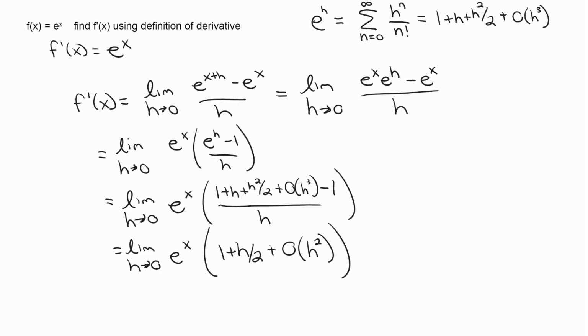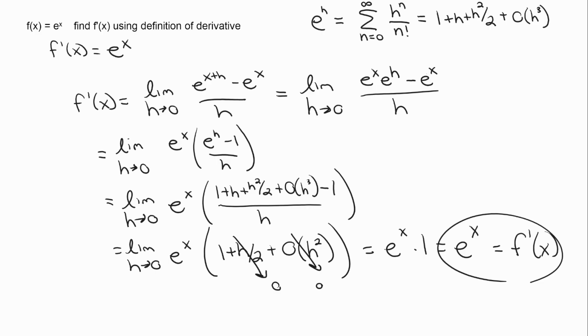And now, since we have no 1 over h terms where we get 1 over 0, which is when we can't plug in 0 for our h's, now our h over 2 will go to 0, and our O of h squared will also go to 0, leaving us just with e to the x multiplied by 1, which is just going to be equal to e to the x. And so now we prove the f prime of x is just going to be equal to e to the x for the function e to the x, which is really cool.